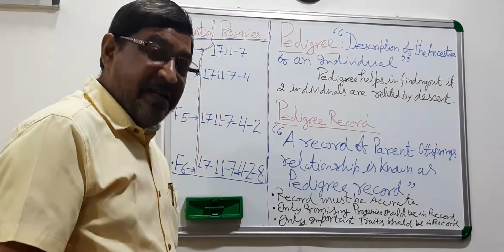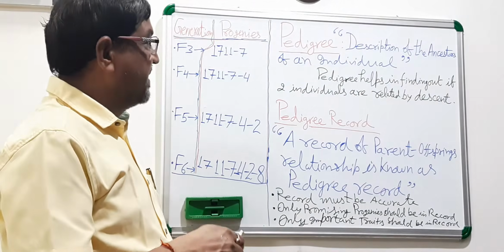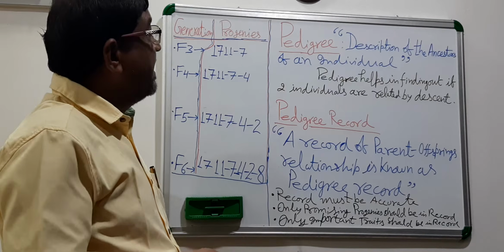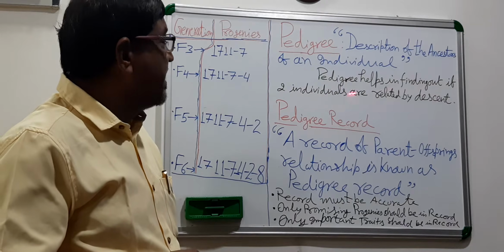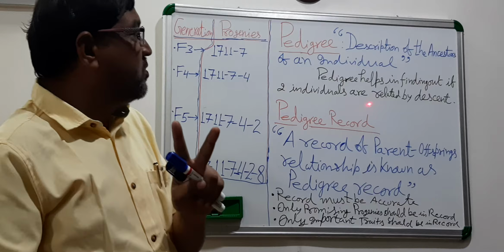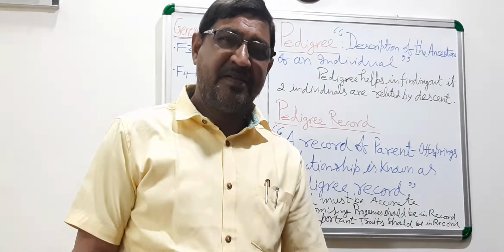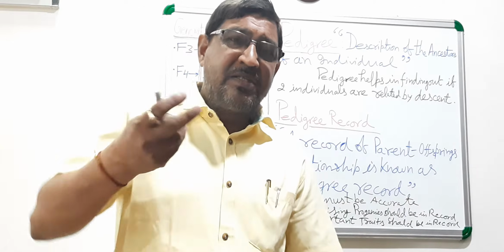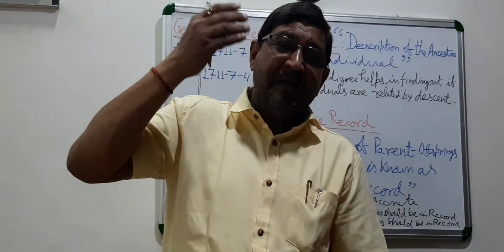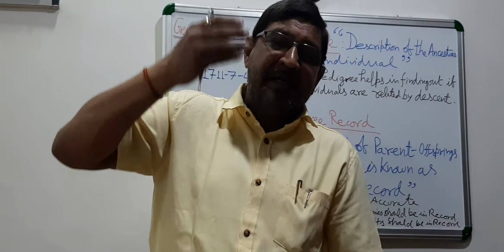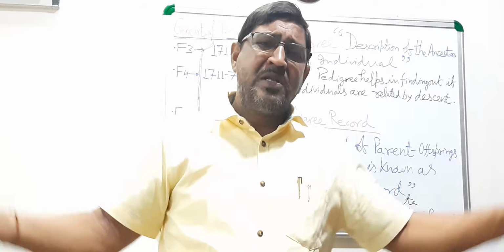What is a pedigree record? You are keeping the record of the pedigree. So pedigree helps in finding out if two individuals are related by descent. You can look at the father, grandfather, great grandfather, and other forefathers.